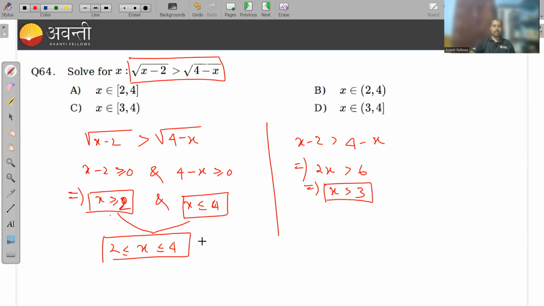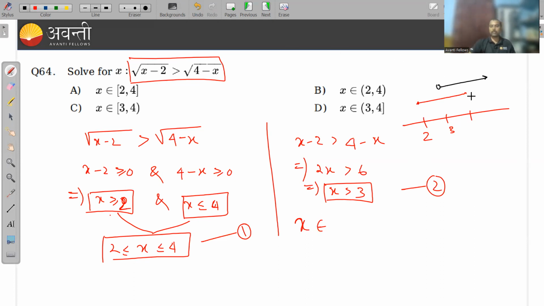So if we take the intersection of these two solutions, x is lying between 2 and 4, and x is greater than 3.